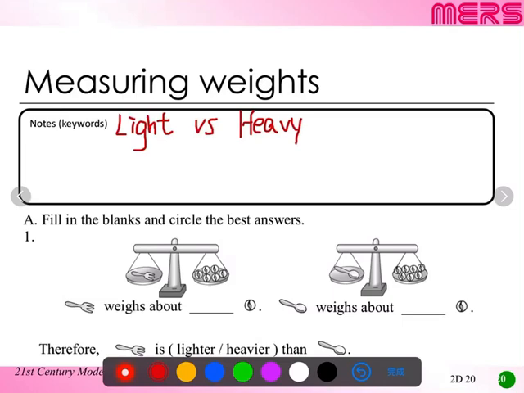For example, light. The opposite of light will be heavy. So write it down. So in comparison, when we say orange is lighter than watermelon, we will use some words to compare.